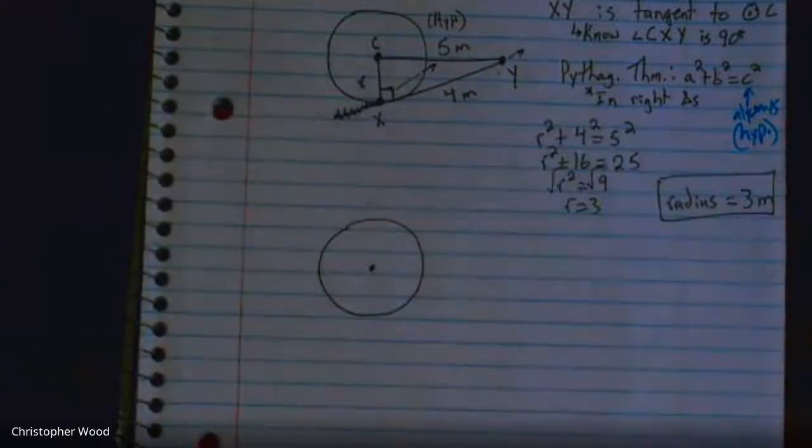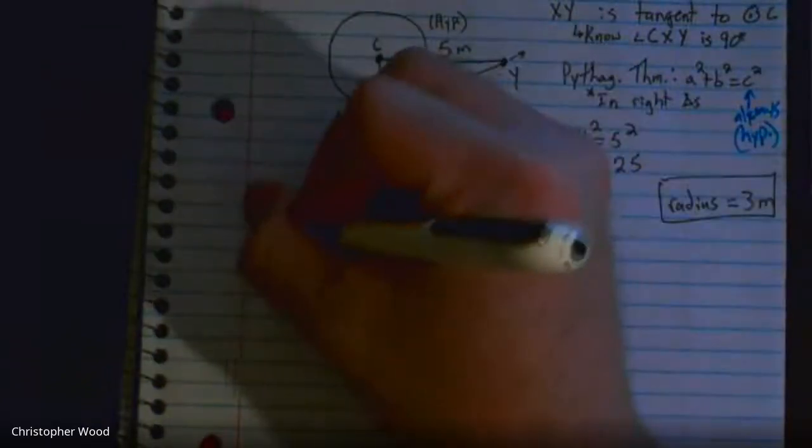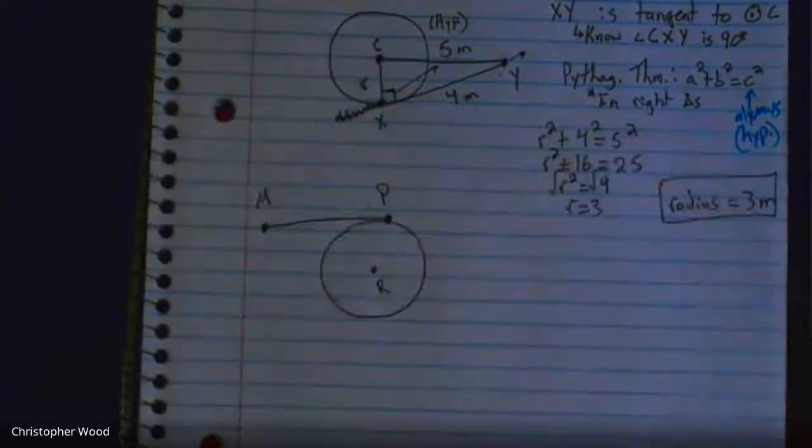So if I were to give you another example here, let's say a similar type of diagram. Let's put a point out here, here. We'll call this MP, circle R. Okay.